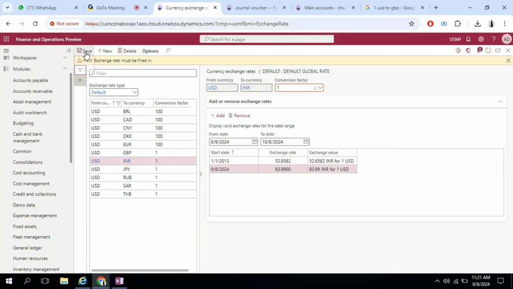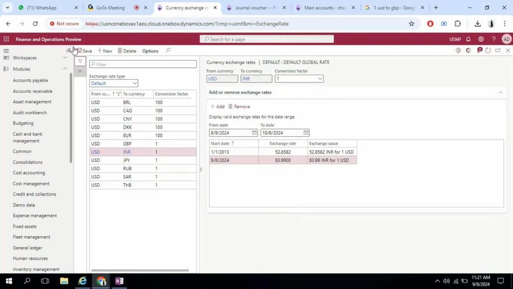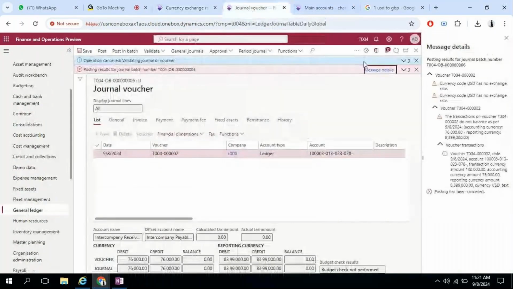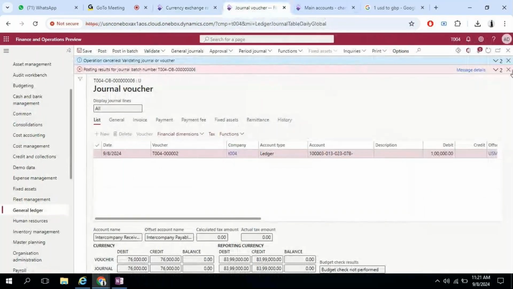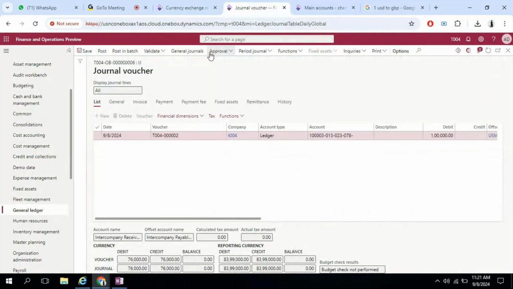Let's save it. Exchange rate must be filled in. Now let me try again. Validate, simulate posting.